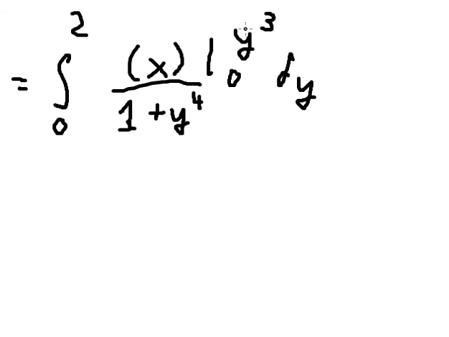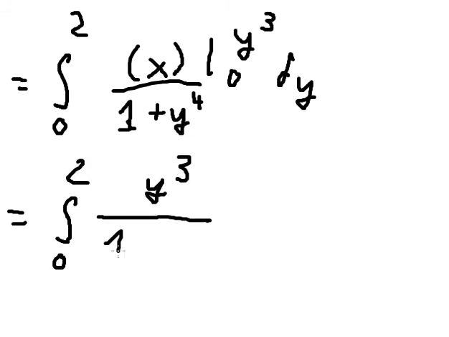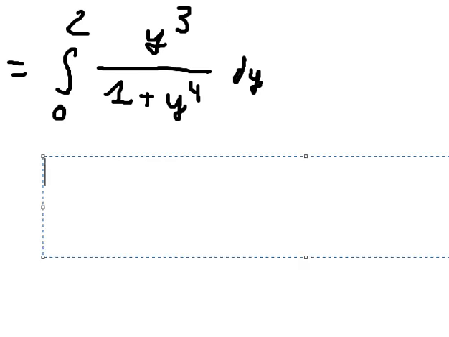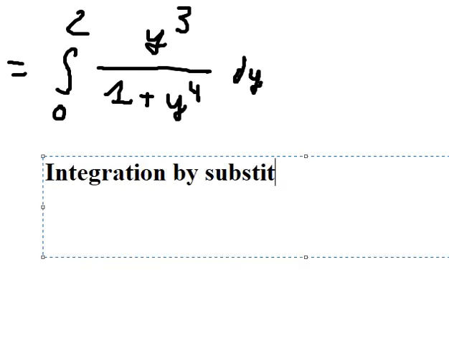So we put y to the power of 3 in here, number 0 in here. So we have y to the power of 3 over 1 plus y to the power of 4. Next, we need to use about integration by substitution.